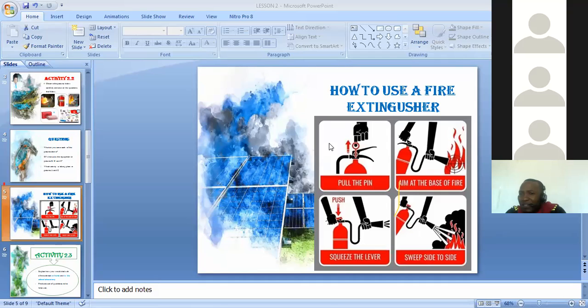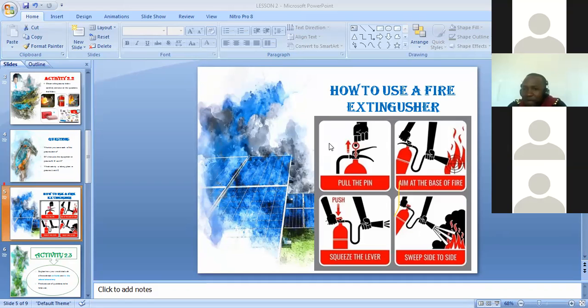I saw a dome. Do we have a dome? Yeah, I saw your hand up. I'm giving the opportunity to Adon to go ahead and tell us, is the carbon dioxide used in the fire extinguisher in powder form or gaseous form?